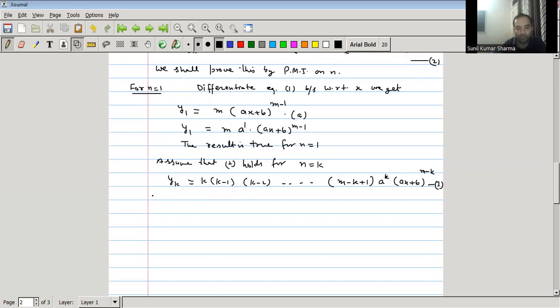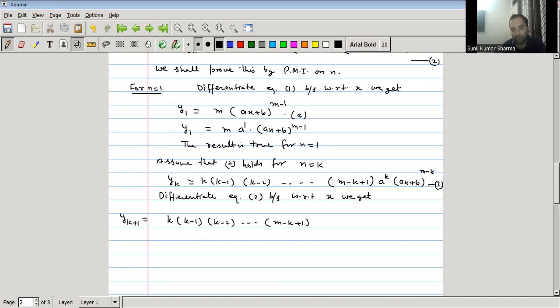So let us differentiate equation 3 both sides with respect to x. If we differentiate yk one more time, we get yk plus 1 equal to m into (m minus 1), (m minus 2) up to (m minus k plus 1) into a to the power k (ax plus b) to the power (m minus k).